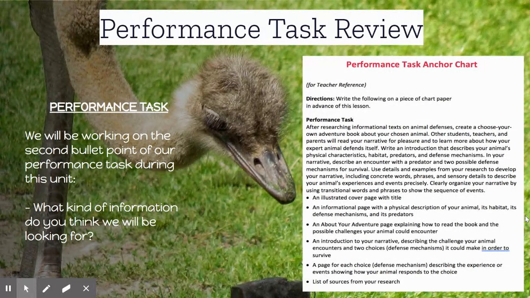So we're going to include a title page, some information about the ostrich, and an about your adventure page that explains how to read the book, a narrative, and in that narrative, you're going to describe the challenge and the choices, the physical and behavioral defense mechanisms that the ostrich would have. We're all going to do the same ones and make it really easy. And then we're going to have a list of sources that we used as well.